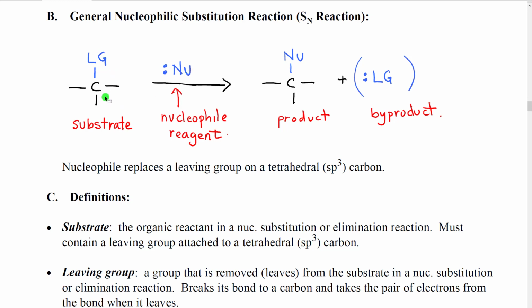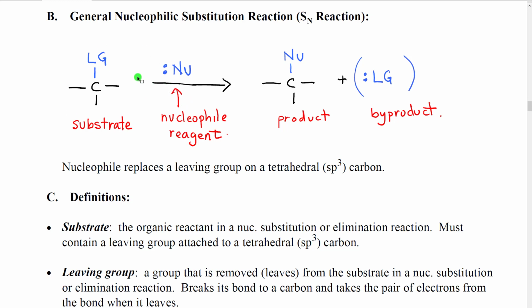The substrate is the organic part of the reactant, the part that contains the carbon. Furthermore, the substrate is going to have one defining characteristic, and that is it is going to have an sp3 hybridized carbon with something called a leaving group attached. We're going to talk about what leaving groups are in a little bit.